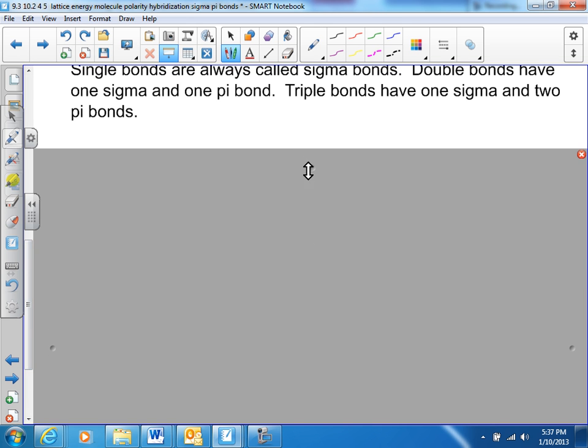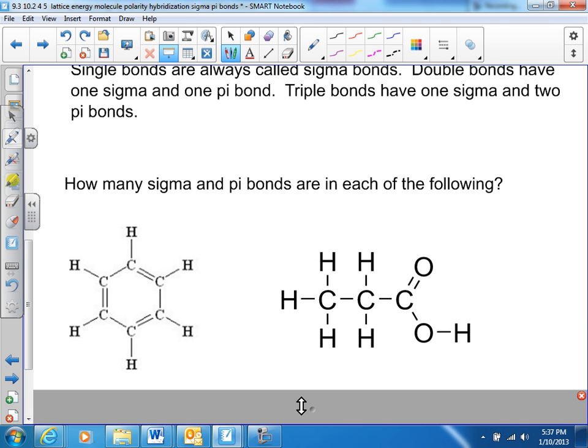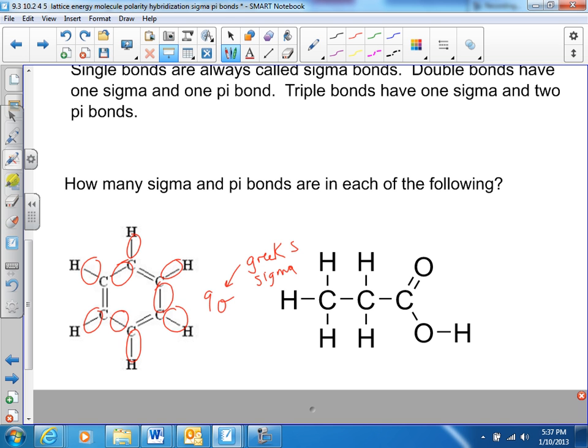So we're going to do some problems. We're going to count sigma and pi bonds on these molecules. So single bonds are sigma, so I'm going to circle all the single bonds. 1, 2, 3, 4, 5, 6, 7, 8, 9 sigmas so far. We don't want to forget that. That symbol I just wrote is a Greek small s, which is called sigma.